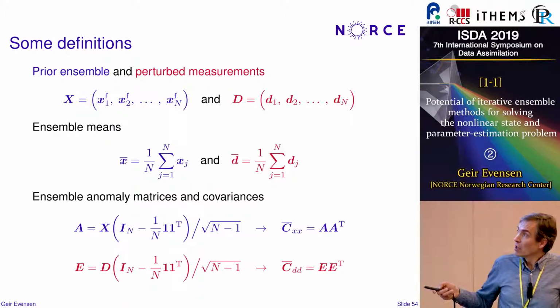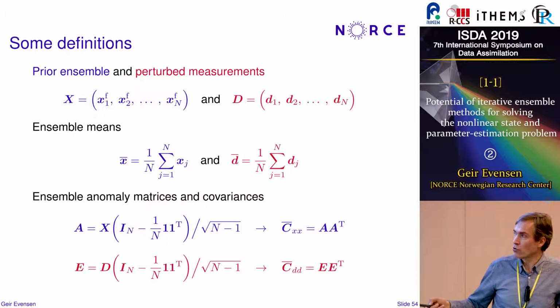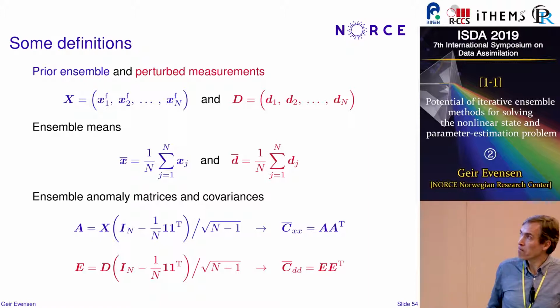So I compute the mean of the data and the ensemble members. You have the ensemble anomalies A, and you have the measurement perturbations E. What you do here is subtract the mean, and I have scaled them with the square root of n-1, so that the ensemble covariance is this one and this one.